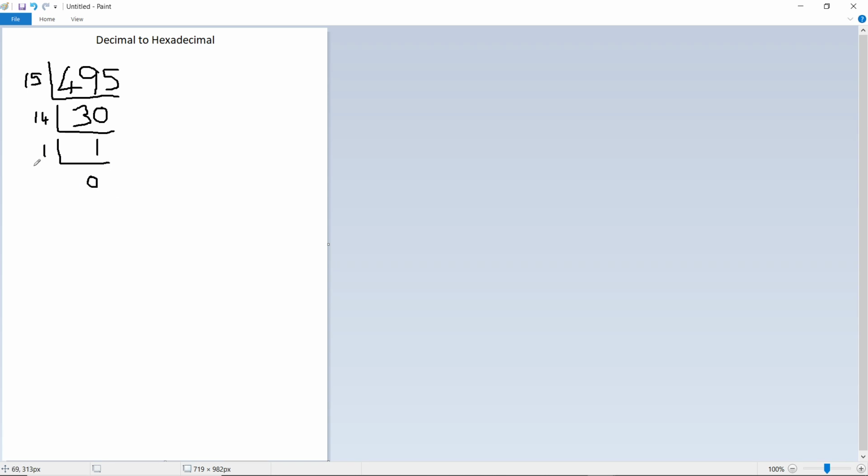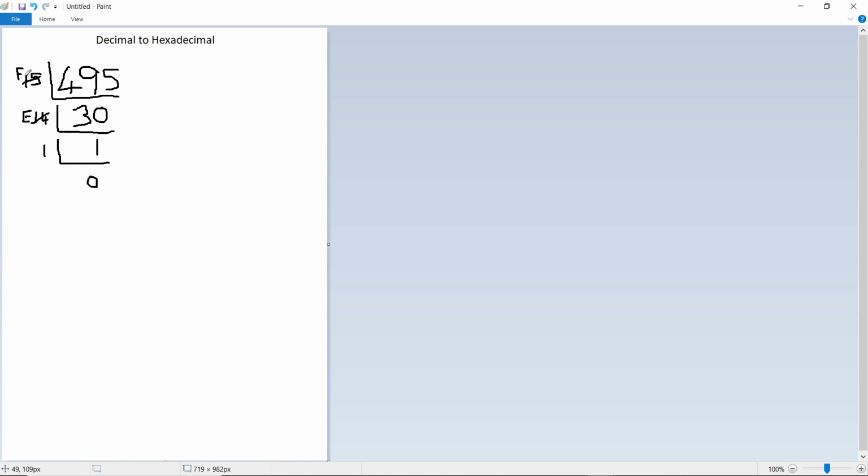So what do I do? Well, you must remember we've got hexadecimal numbers here. So the number 14, you will recall from yesterday, is an E. So I can replace that with the symbol E. And 15, you'll recall from yesterday, is an F, because remember, hexadecimal includes A, B, C, D, E, and F to give us our 16 symbols.